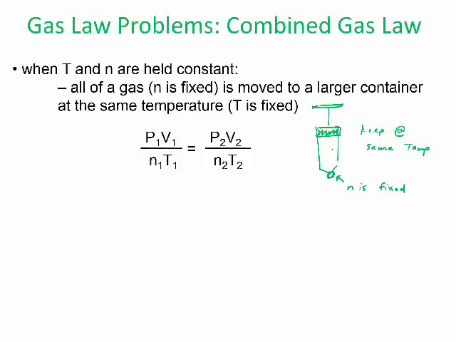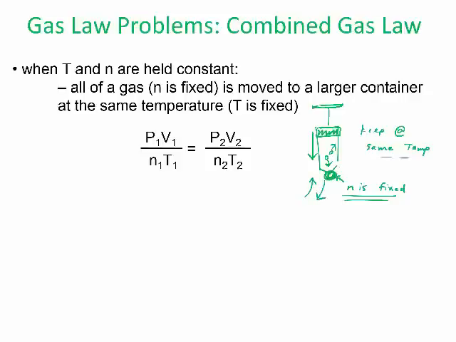So what we're doing here is allowing the volume to change, and allowing the pressure to change, by keeping moles fixed. If we depress this plunger, as long as there's a cap here, the moles of gas will stay the same. Gas cannot come in and gas cannot get out of this hole because it's capped.